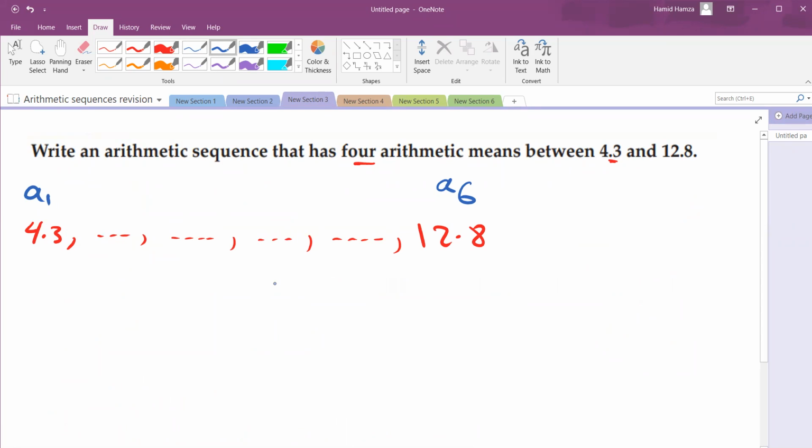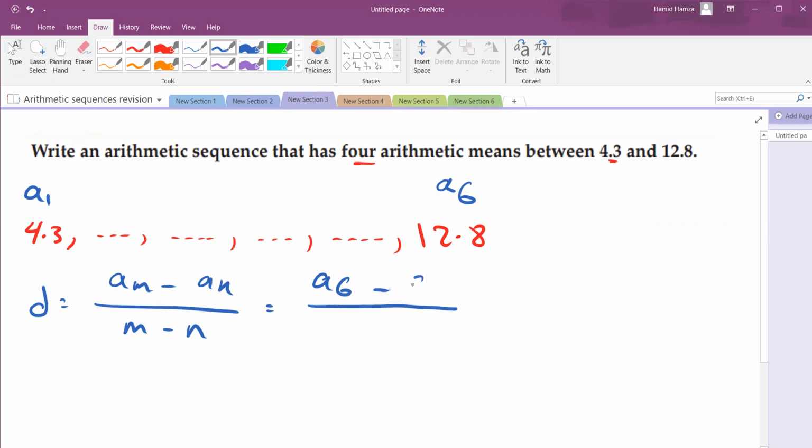If you know two terms and they are not successive, they do not come next to each other, the common difference D will be like this: AM minus AN over M minus N. So here I know A6 and A1. It will be A6 minus A1 over, the order, guys, 6 minus 1.